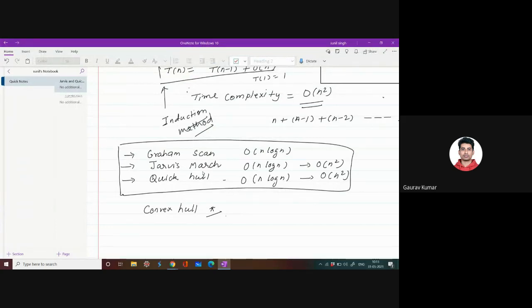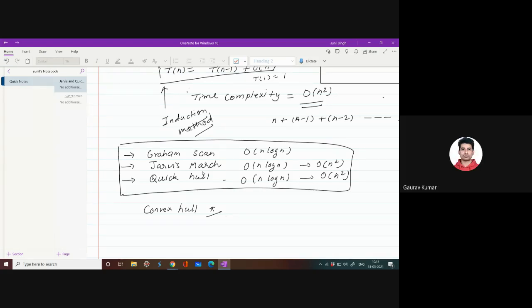In one case, we have to calculate the angles, which is easy, and that will not change for every point. But in the case of Quick Hull, every time the distance from the different line, the distance from the different points will change. So why don't we talk about that complexity, the complexity of calculating the distance?